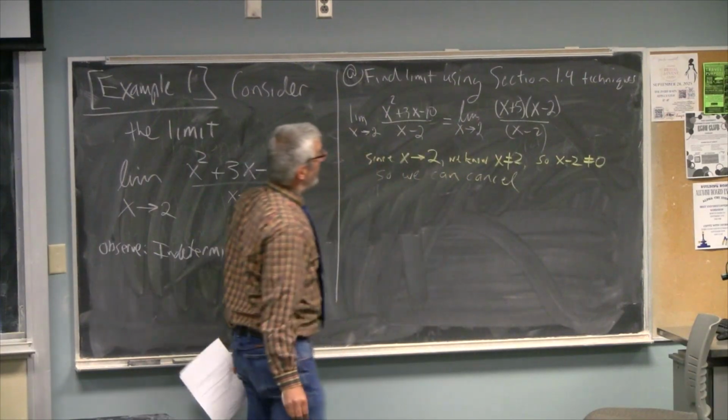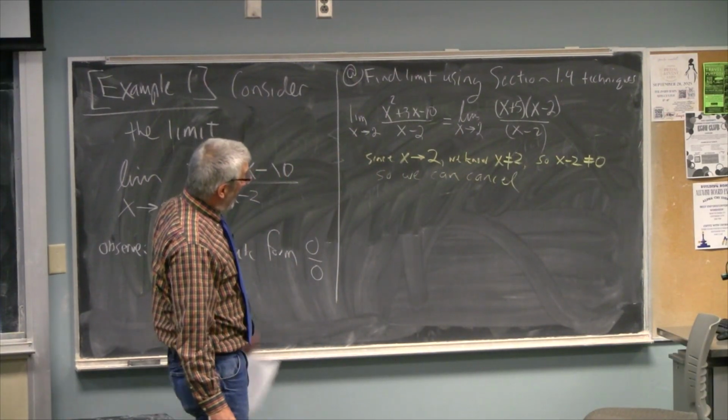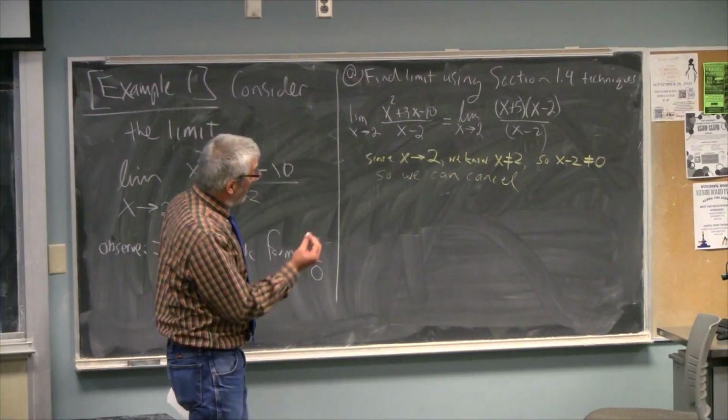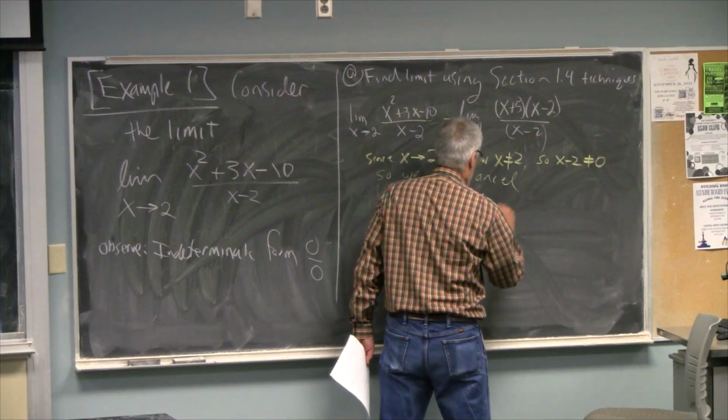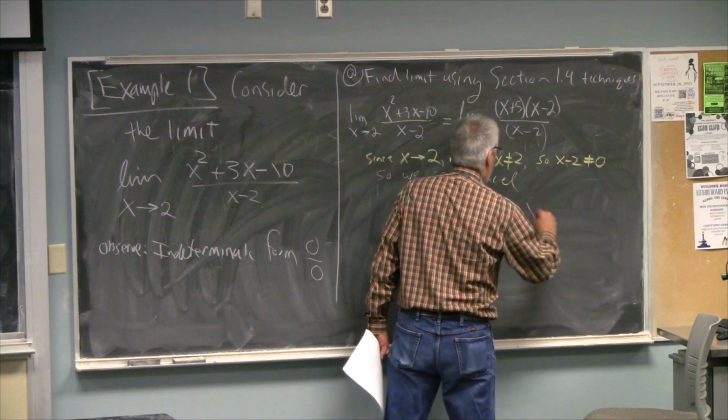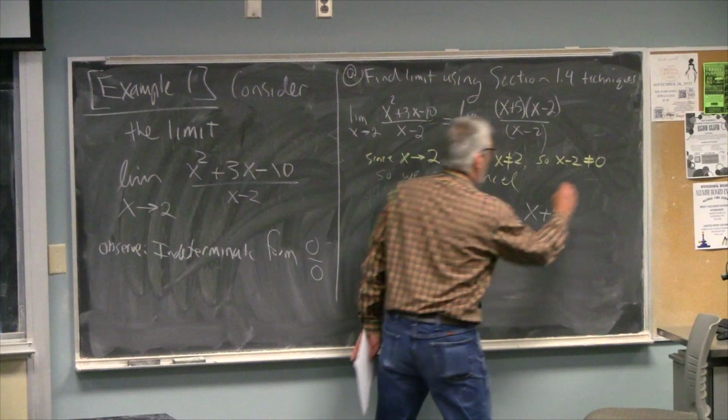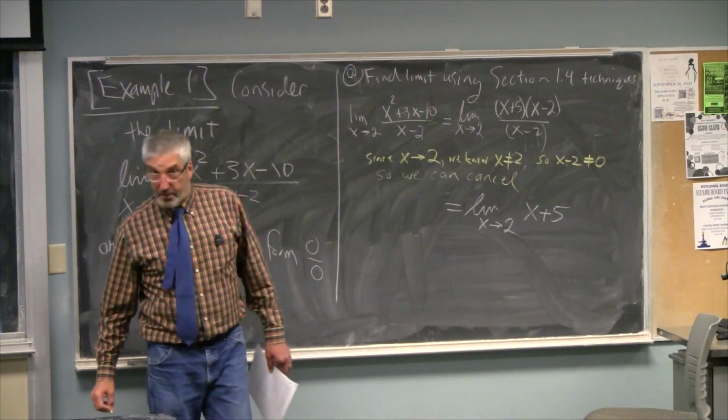Now we need to have that limit notation in order to be able to say all that stuff. And furthermore, this is the most important step, so I show the before and after. Notice this is no longer indeterminate.